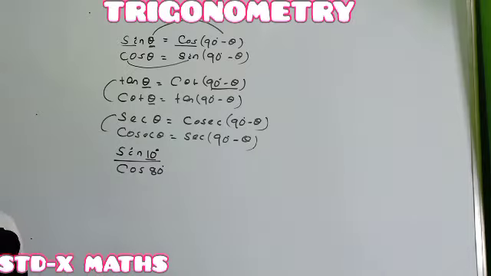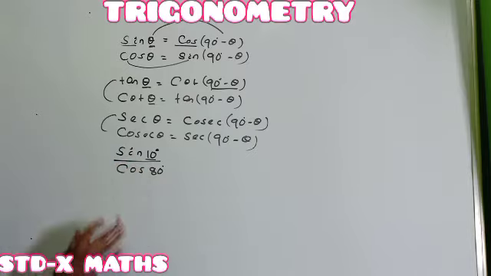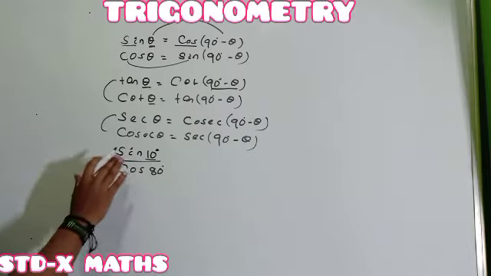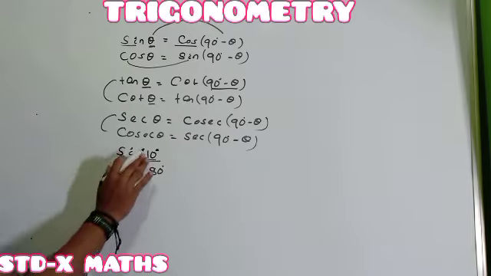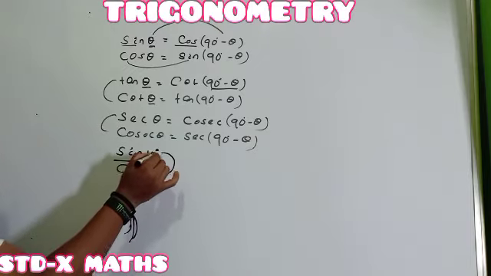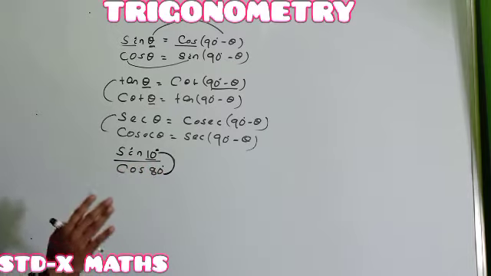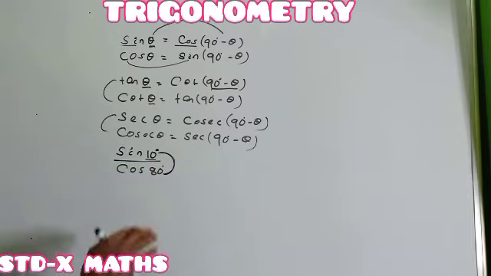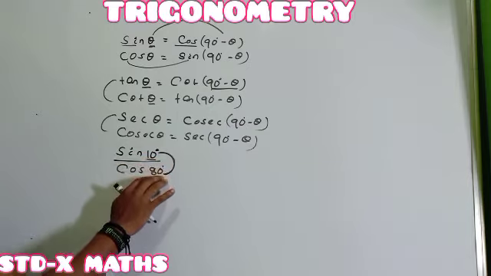Apart from these, whenever you get different angles, their values are not known to you. So your trick is, whenever you get something like this, always check whether the different angles are complementary angles or not. Suppose 10 degree is there, you just have to go on searching for its complement. Does 80 degree exist or not?